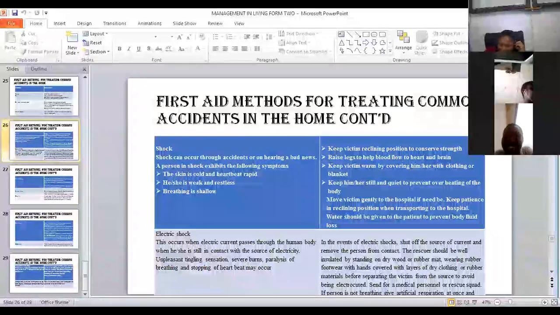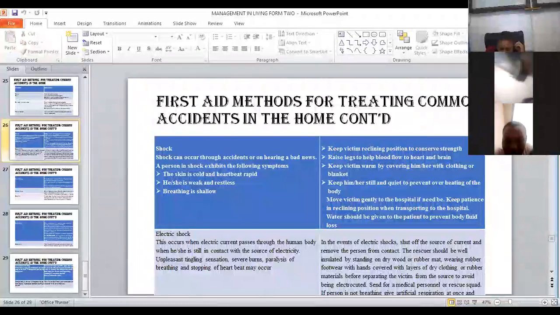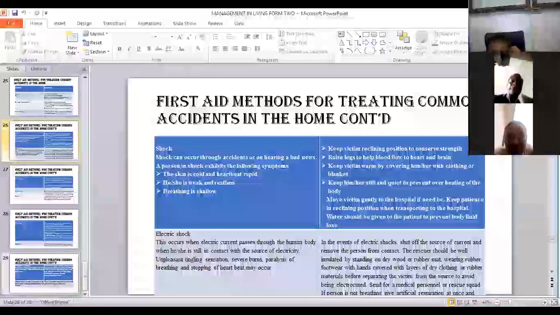Okay. But you don't hit the person so hard. At that point, no matter how hard the strokes are, the person will feel it instantly. After the person is relieved from the shock, that is when the person will feel the pain. But at least he or she will thank you for saving his or her life.